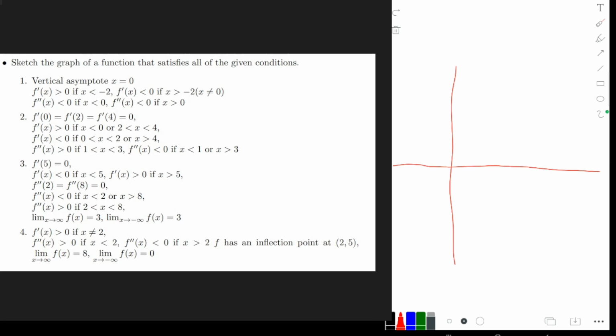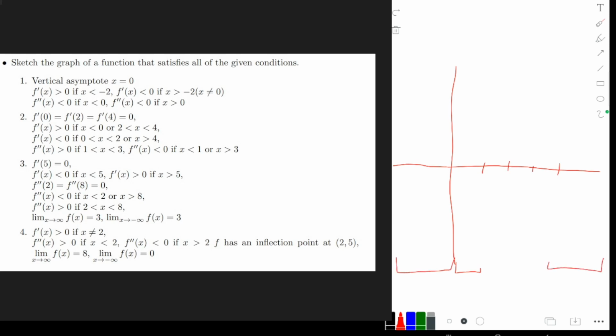Anyway, so it has local extrema, or something going on, with a flat horizontal tangent line at 0, 2, and 4. All right, and concavity changes, or increasing, decreasing changes from 0 to 1, 1 to 2, 2 to 3, 3 to 4, and then 4 to infinity.